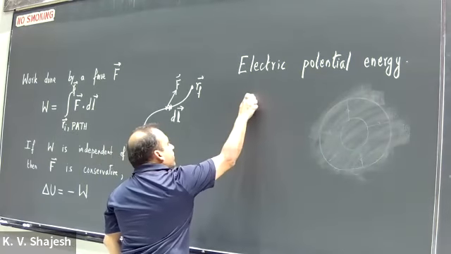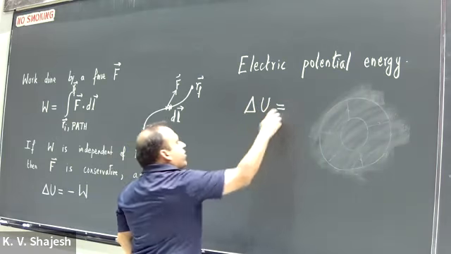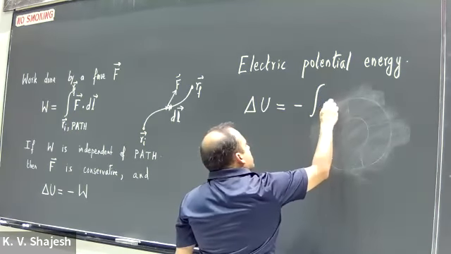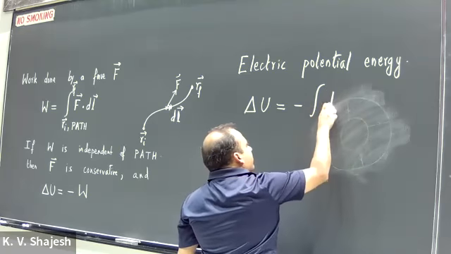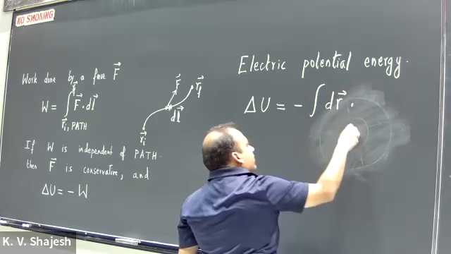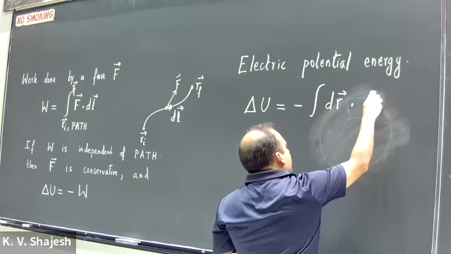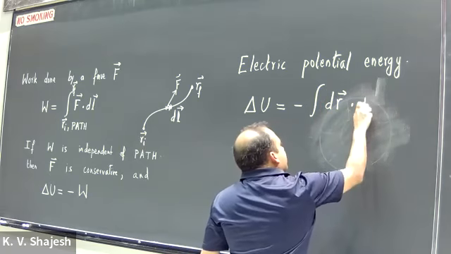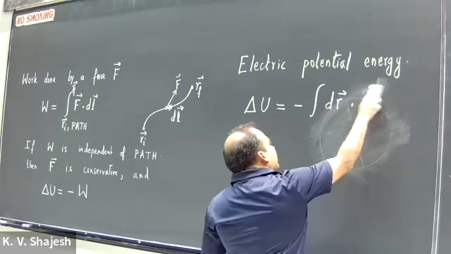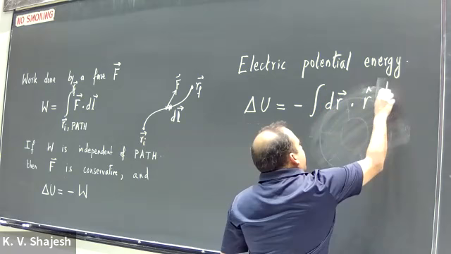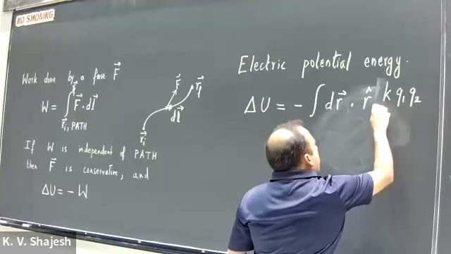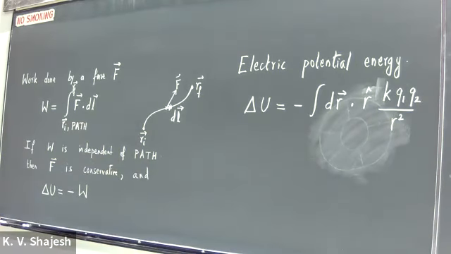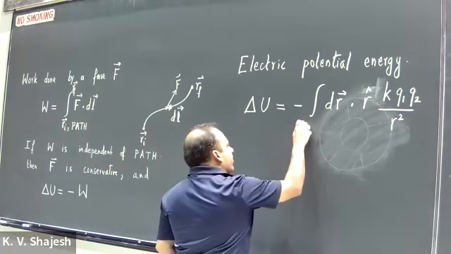So the change in electric potential energy will be defined as negative of the integral of dr dotted with the force, k Q1 Q2 over r squared, in the r hat direction, again from r initial to r final.